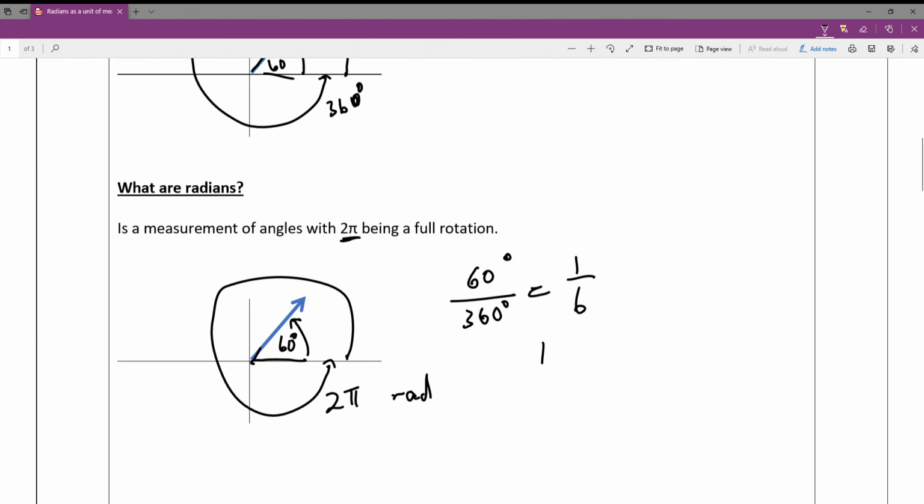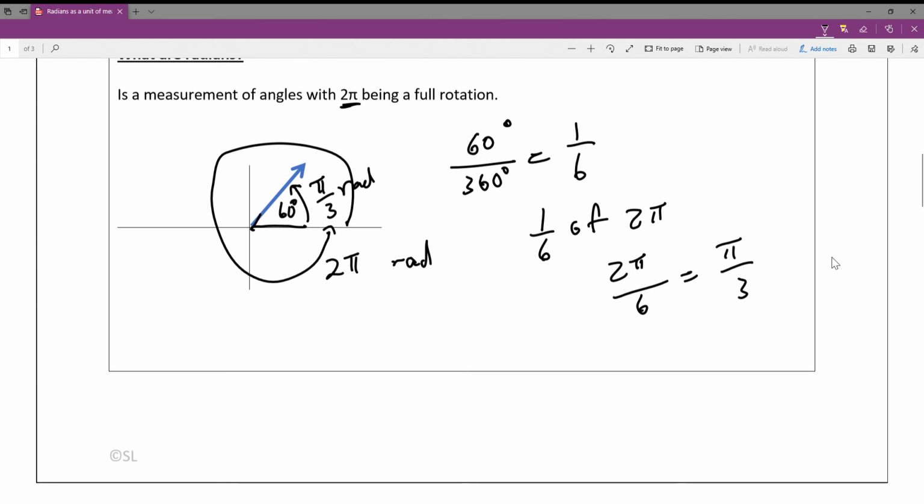It's going to be exactly 1/6 of 2 pi, right? So that's 2 pi over 6, which is pi over 3. So this can be written as pi over 3 rad. Okay, there will be more details on how to convert from degrees to radians later on.